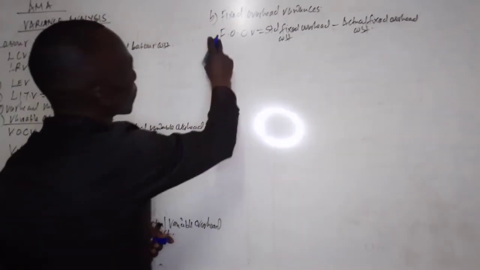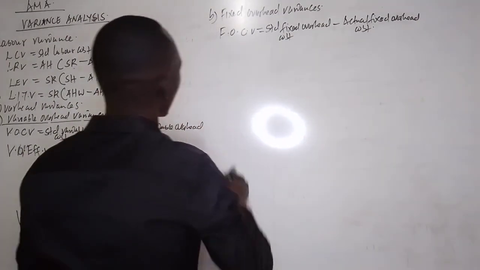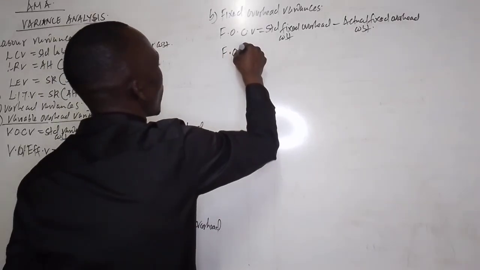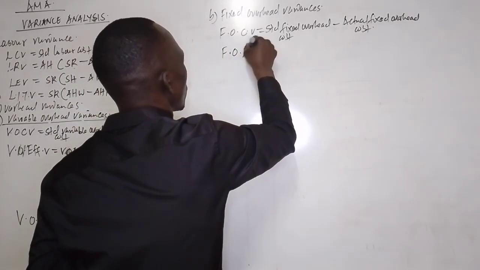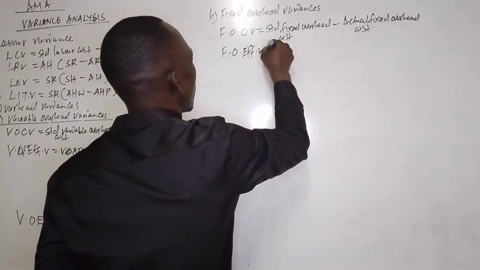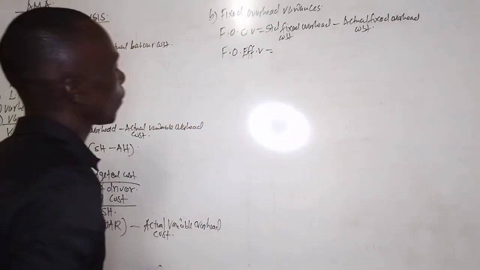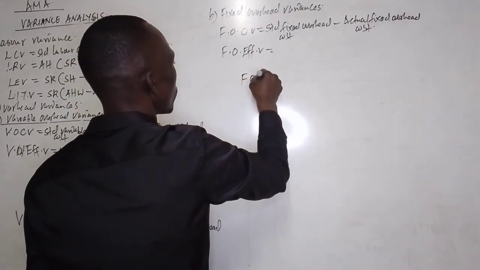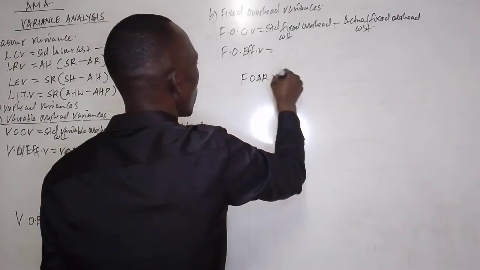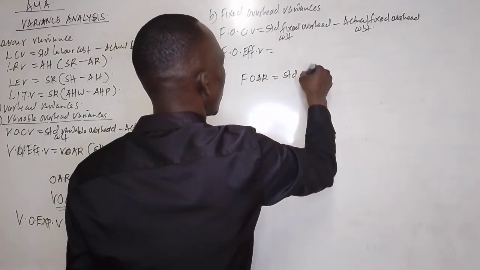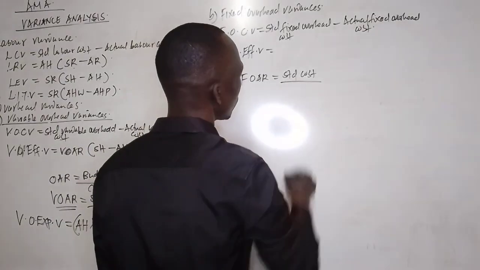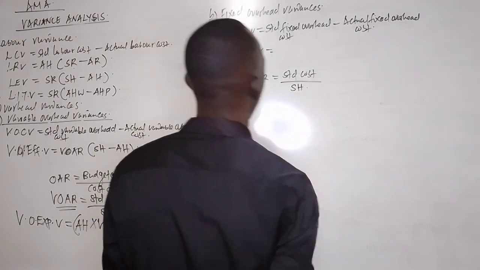Other than the fixed overhead cost variance, we have another variance known as the fixed overhead efficiency variance. The first step is to compute the fixed overhead absorption rate, where you take the standard cost, then you divide by the cost driver, which in this case will be the standard hours.